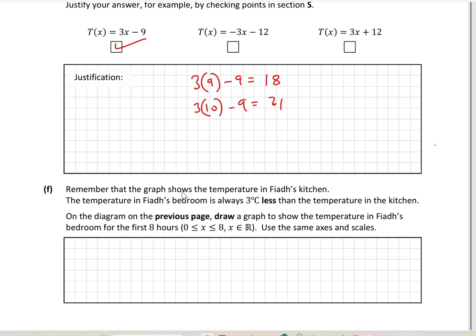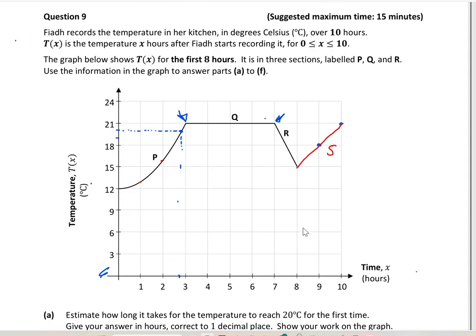Remember that the graph shows the temperature in Fia's kitchen. The temperature in Fia's bedroom is always 3 degrees less than the temperature in the kitchen. On the diagram on the previous page, draw a graph to show the temperature in the bedroom for the first 8 hours. Use the same axis and scales. Okay, 3 degrees less. So basically I'm just drawing the same thing but lower down.